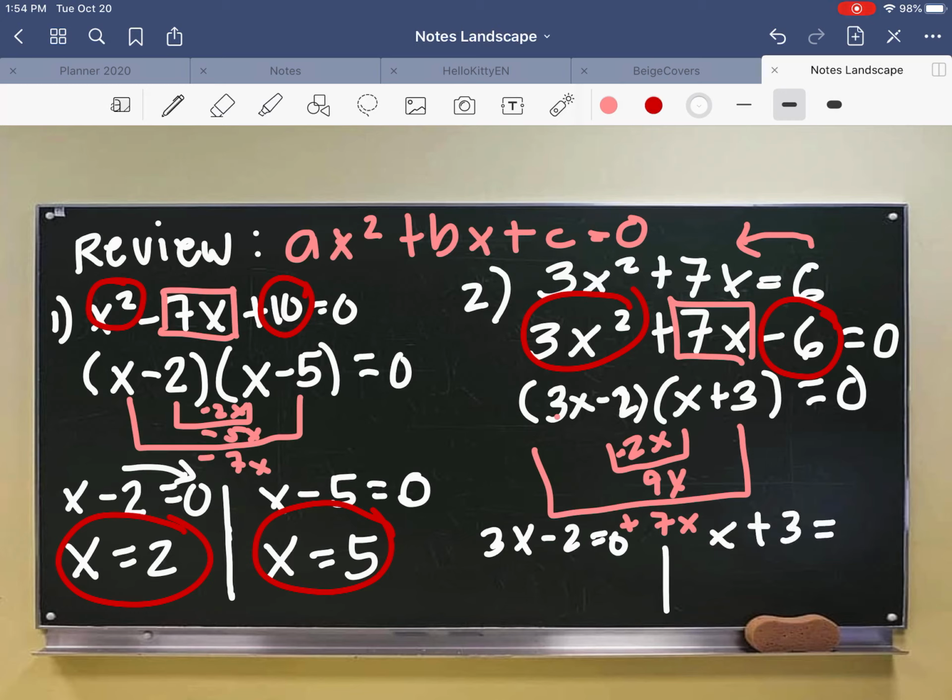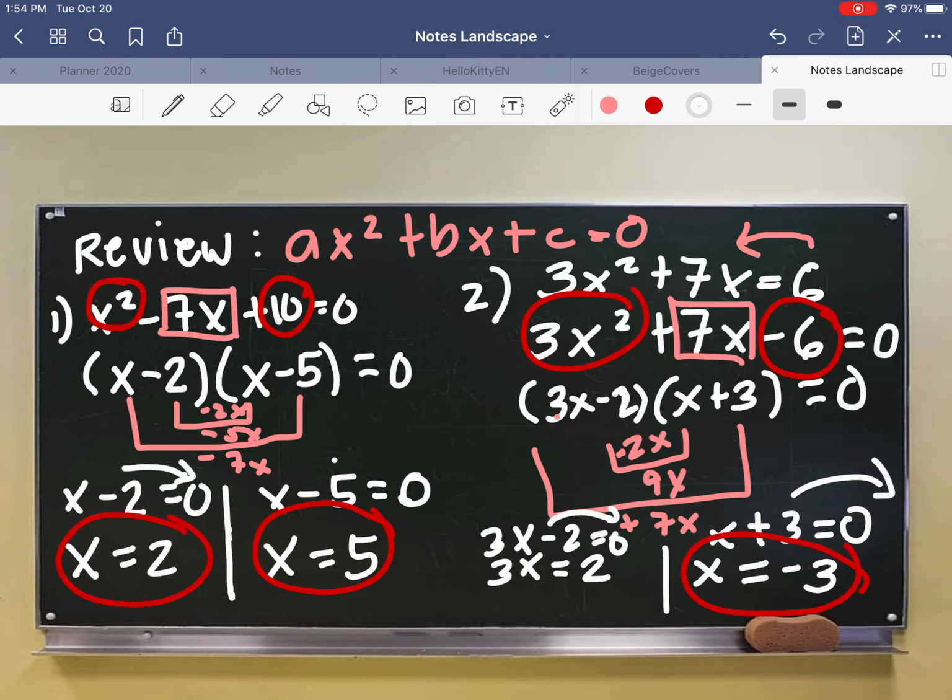So, ito munang x plus 3 ang gawin natin. We transpose this to the other side. So, we get x equals negative 3. Easy enough. Now, when we look at 3x minus 2, tapos transpose natin yung negative 2 sa kabila, we get 3x equals 2. Now, hindi pa ito yung sagot.